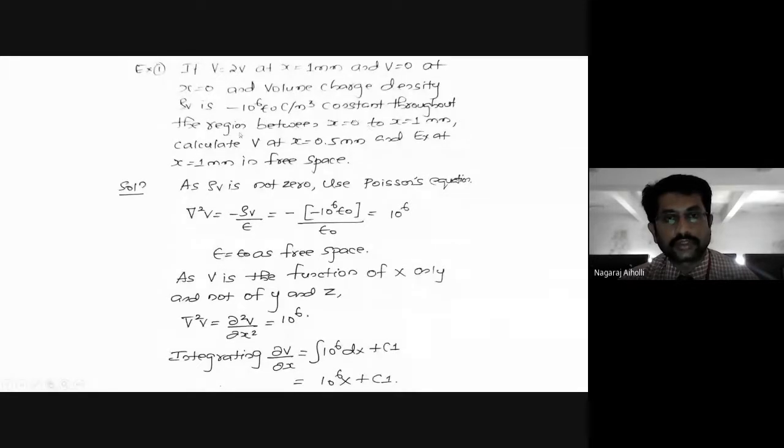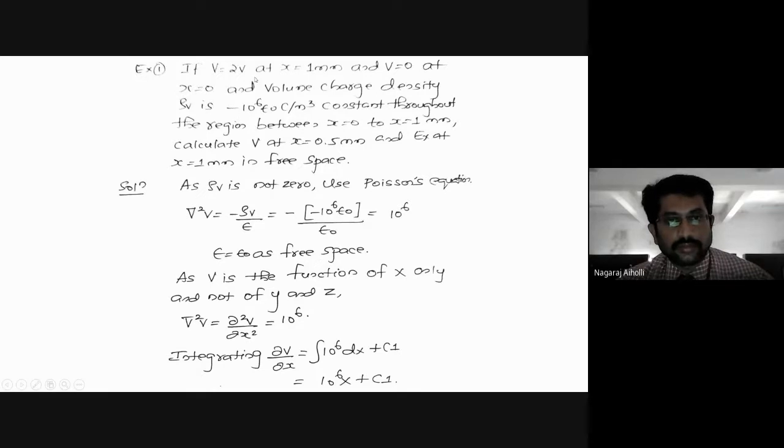It is constant throughout the region, that is, it is a uniform region, between x equal to 0 and x equal to 1 millimeter. We are supposed to calculate V at x equal to 0.5 millimeter and also the electric field intensity E at x equal to 1 millimeter in free space.